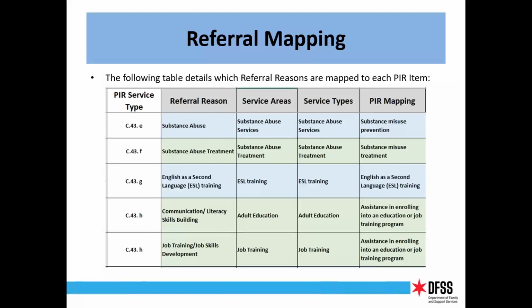Since treatment is new, we don't have any records that were mapped to that, at least at the time when I did the remapping. So if you have substance abuse services in there and it was actually a referral to rehab, you want to go in and change it from services to treatment, just so that it maps correctly to the right line of the PIR.